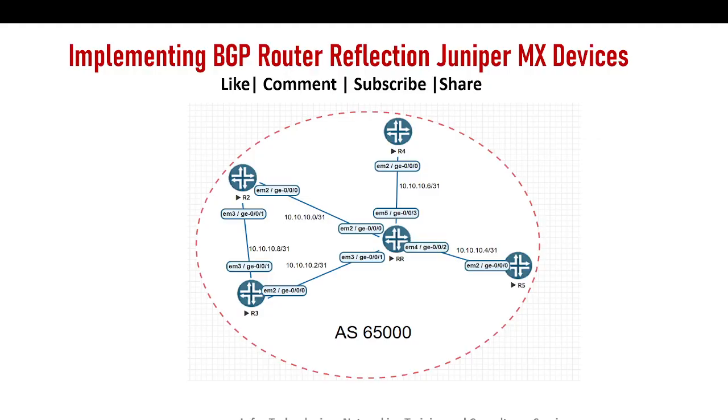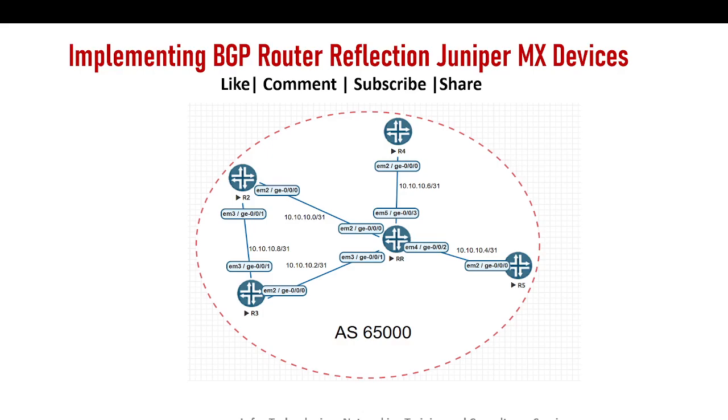So with route reflection, we have one router in the network that is in charge of propagating the routes to the other peers. And we can have clients and non-clients. A client means that this route reflector has the responsibility of advertising all the routes to the clients.